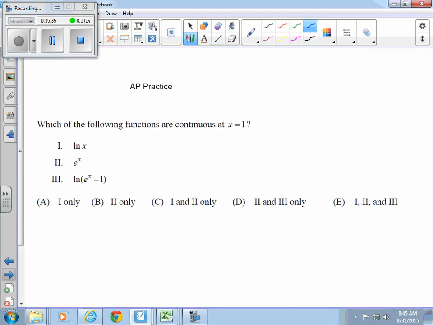Do you have a sketch of natural log of x and e to the x in your brains from pre-cal? If you don't, you might want to get those back. It will be quite helpful. E to the x looks like this. Natural log is the inverse of that, so x and y are switched. So natural log looks like this.